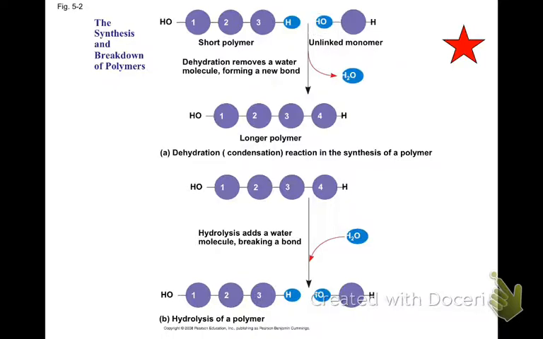Now I am guessing, my class, you understand what a hydroxyl group is. All of this was covered under chapter 4 when we were talking about carbon and the different functional groups.